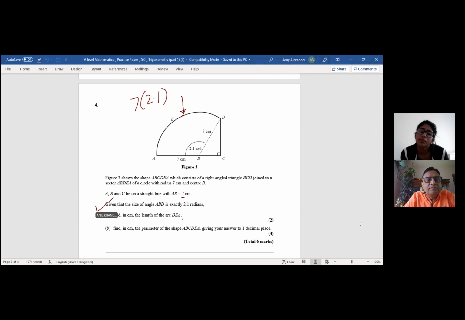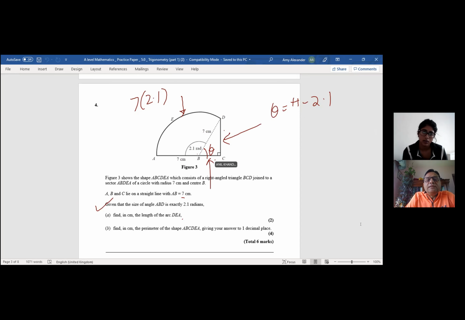Part B. Find in centimeters the perimeter of the shape ABCDEA, giving your answer to 1 decimal place. You have to find these two lengths, right? So you can find this angle. How much is this angle? Theta equals pi minus 2.1, correct? Once you do that, you can find these two sides.